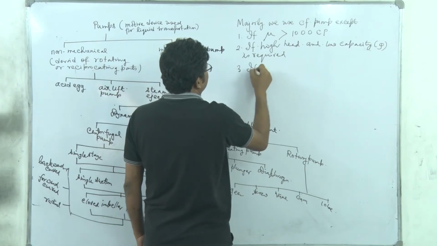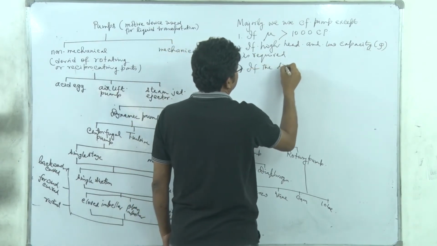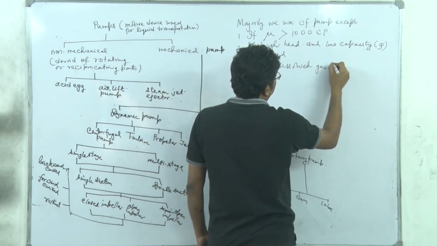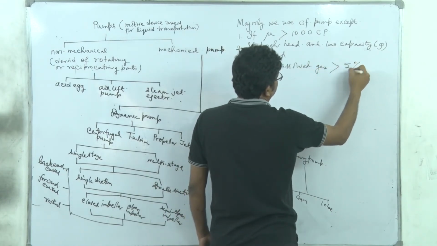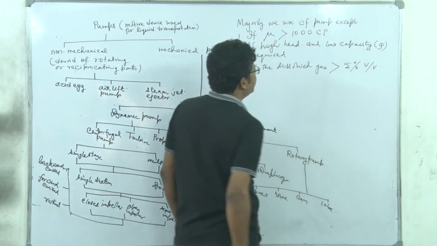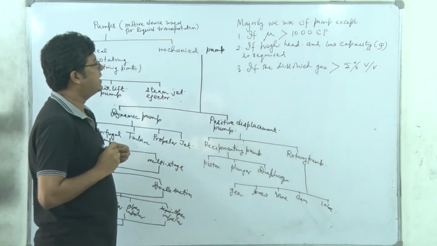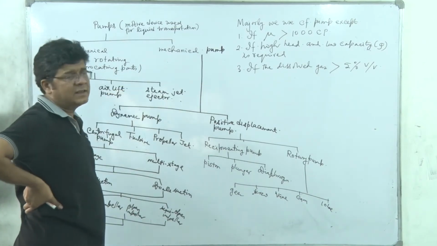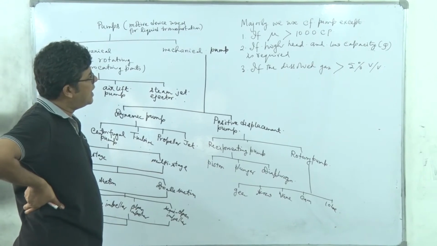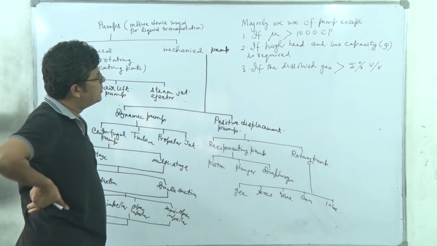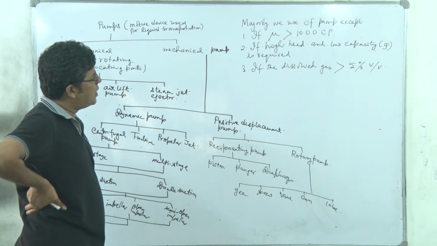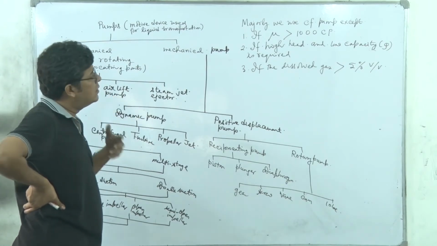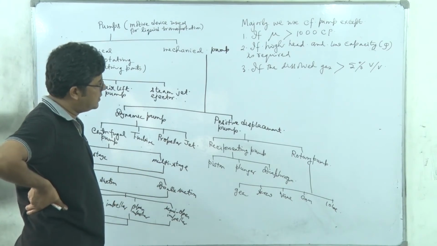And third, if the dissolved gas is greater than 5% volume to volume. Right? So this will create some problem here. We'll discuss why, if the dissolved gas percentage is pretty high, above 5%, what problem is going to happen? We will discuss that once we understand the functioning and operating principles of centrifugal pump.